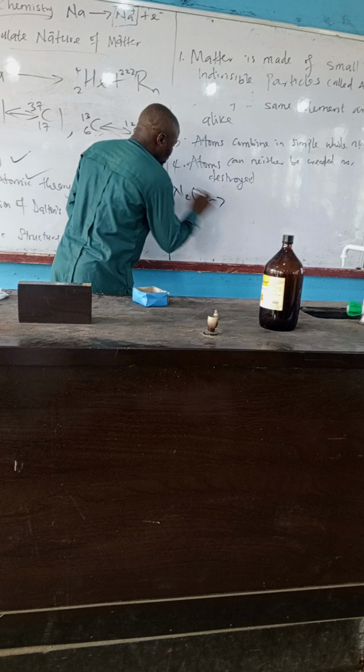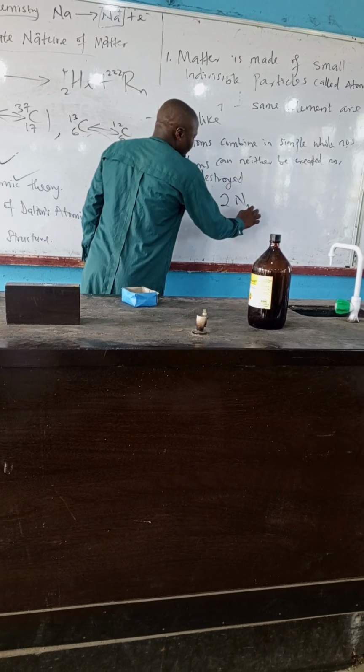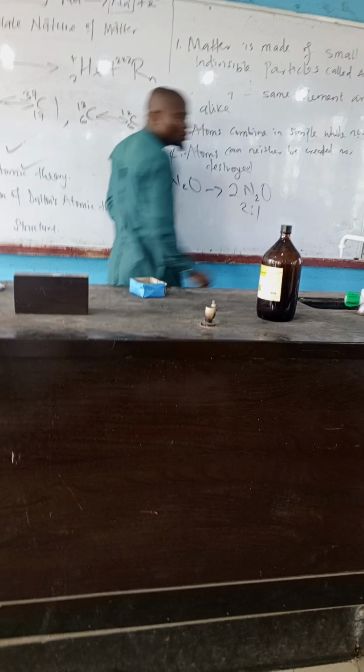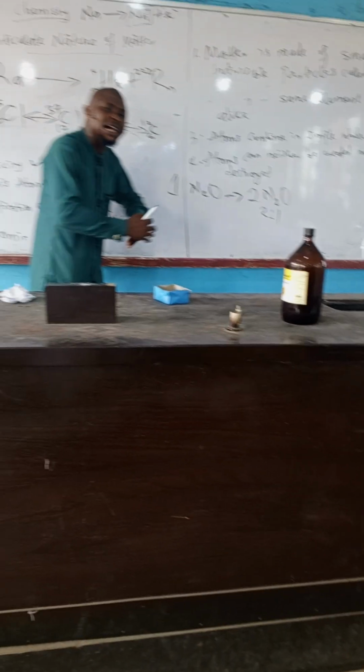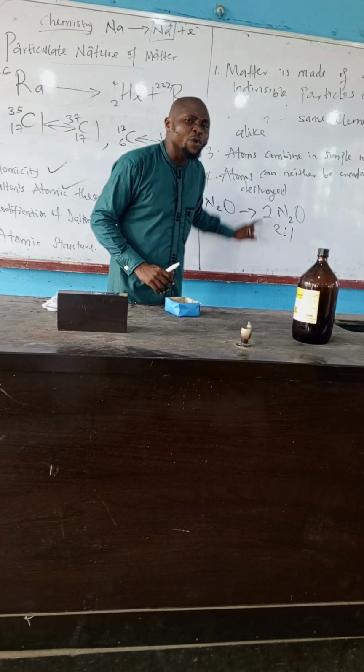If you have 2 moles of this, it is still N2O, in the simple whole number ratio of 2 to 1, no matter the number of molecules you have. But this is not always true.